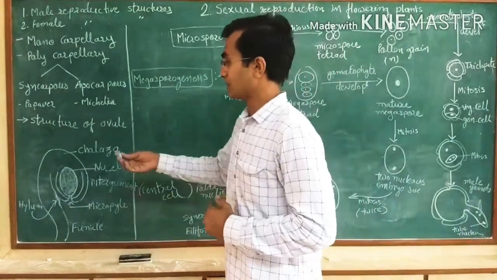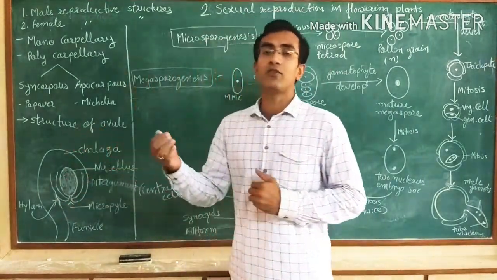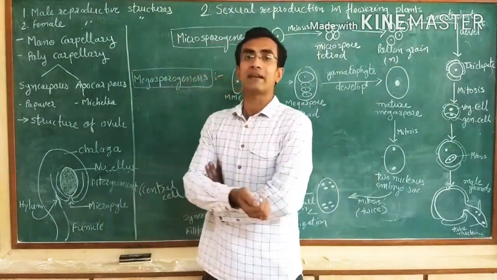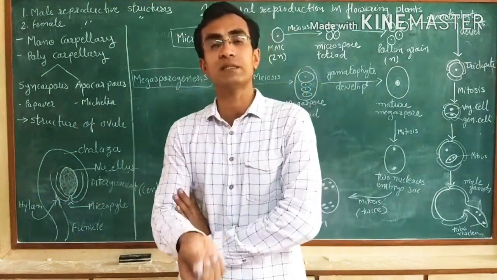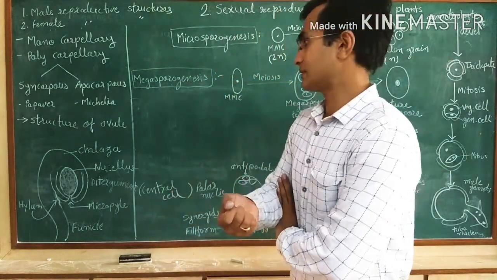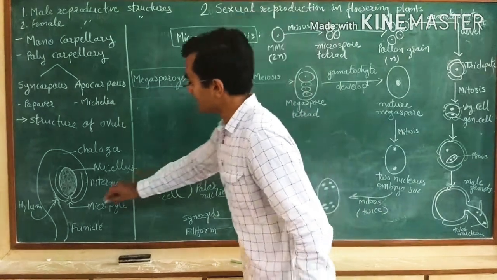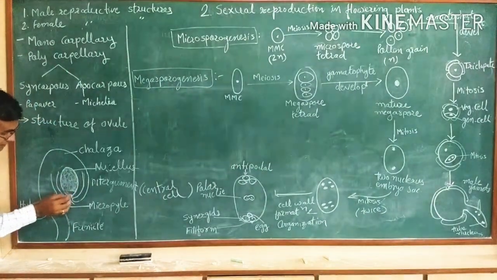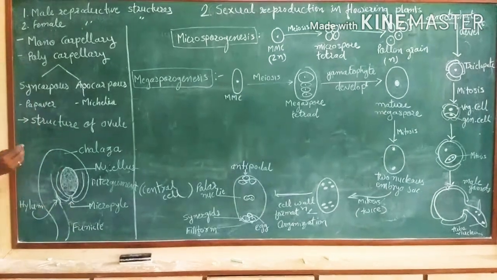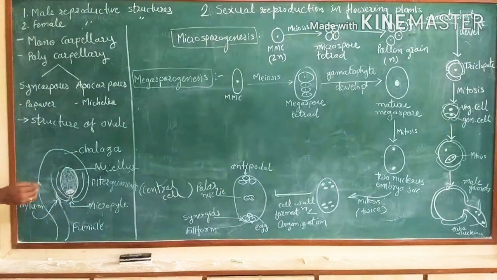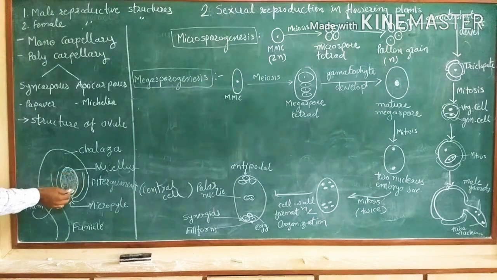Out of these cells, one cell from the micropylar end will get differentiated into the megaspore mother cell. Here you can see this cell. This one is the megaspore mother cell.